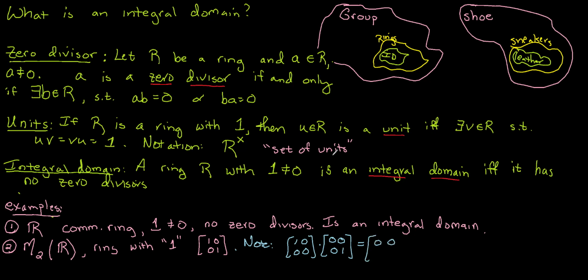And I keep on performing my matrix multiplication here, I end up with the zeros. So we had 2 elements, A and B, giving us 0, where A is not 0, B is not 0, and so this means there are zero divisors. So this ring has zero divisors.